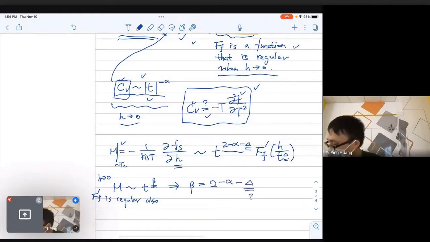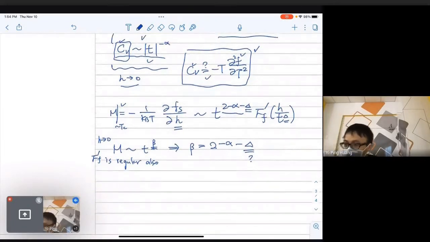At this moment, we don't know what this delta is, but that's the relation between them. So that's one clue.